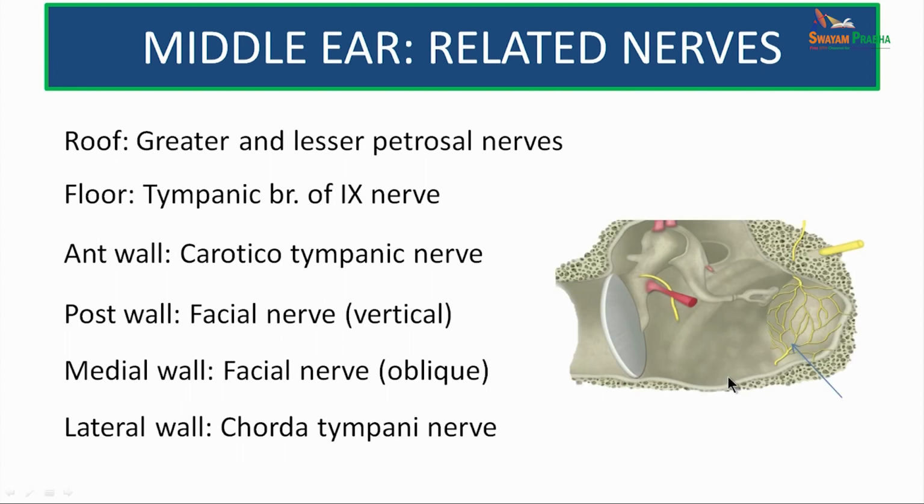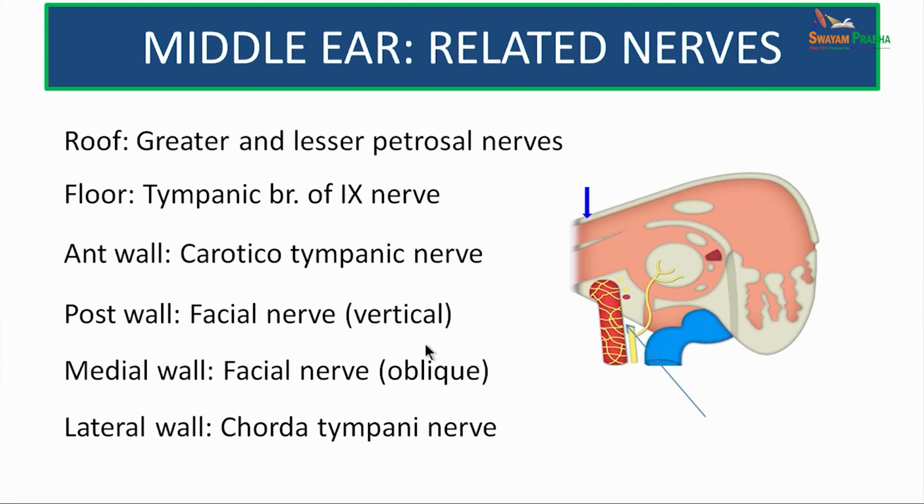In the floor we have the tympanic branch of the 9th nerve, the glossopharyngeal nerve, coming to take part in the tympanic plexus. In the anterior wall there is a caroticotympanic nerve which winds around the internal carotid artery, which also takes part in the tympanic plexus.